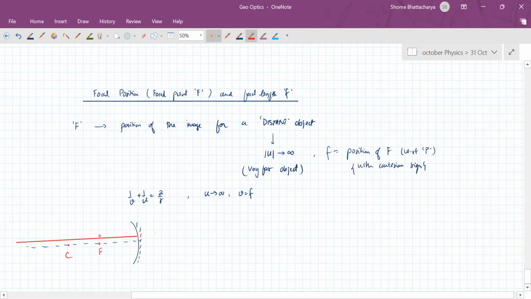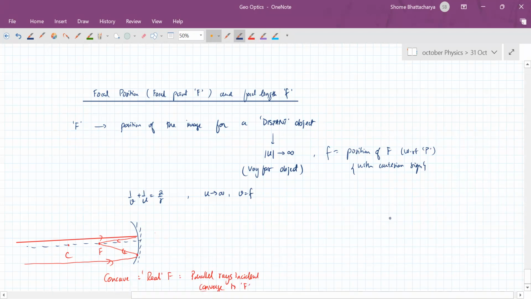Such rays after reflection converge to the focal point. So concave mirror has a real focal point such that parallel rays incident converge to the real focal point.